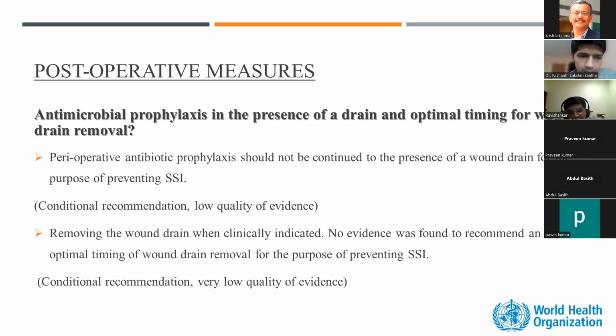And the wound drain should be removed when clinically indicated, but there was no evidence found for a recommendation for optimal timing of wound drain removal. Yeah, so please note that drains per se are a huge topic, which I don't think we'll cover in this. But the idea is, just because there is a drain in place, that doesn't mean you have to continue antibiotics. It's as simple as that. Okay, go on.